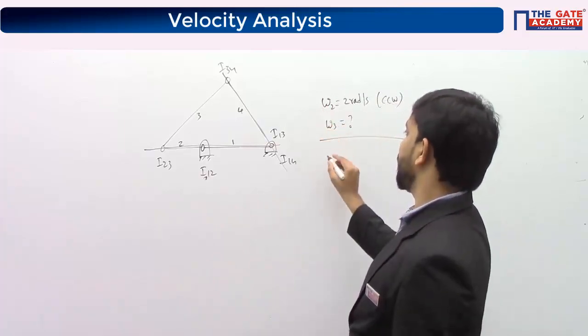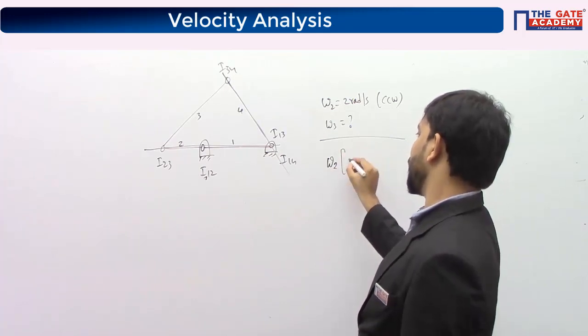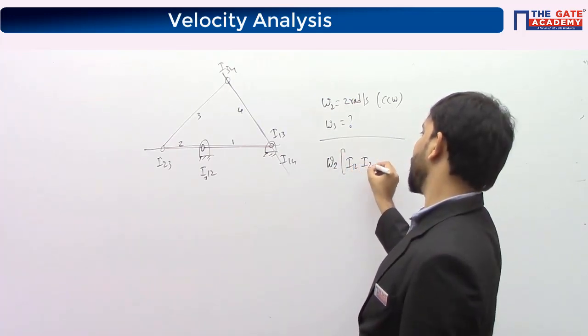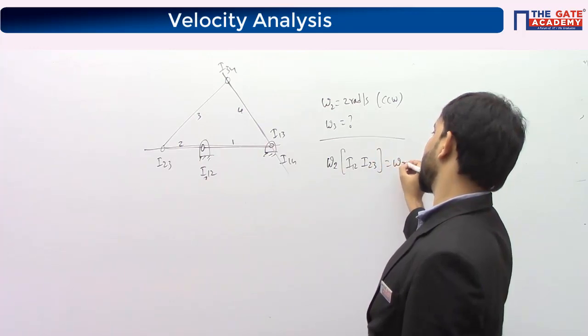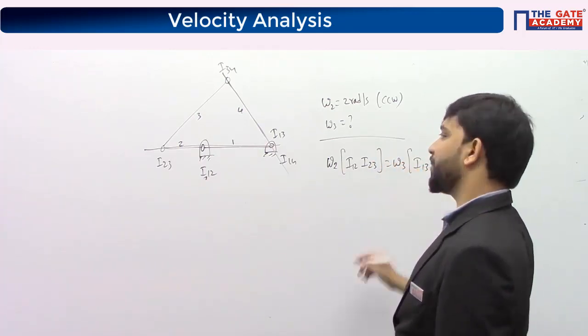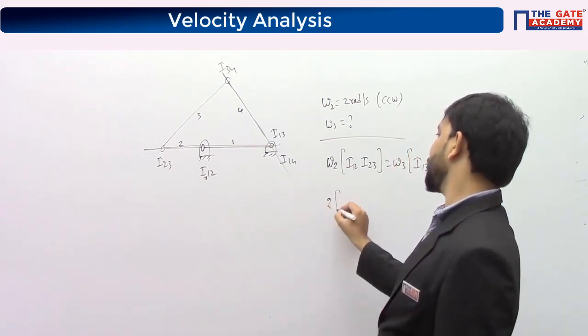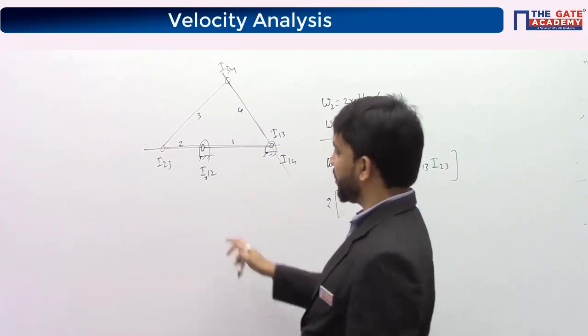For these two links, if I write the angular velocity ratio theorem, it's omega 2 into the distance between I12 and I23 is the same as omega 3 into the distance between I13 and I23. Omega 2 is given in the question. What's the distance between I12 and I23?